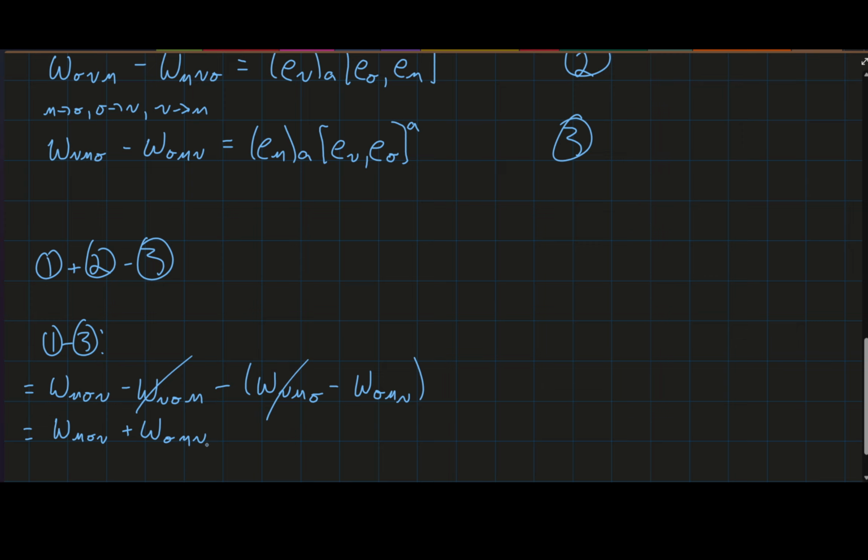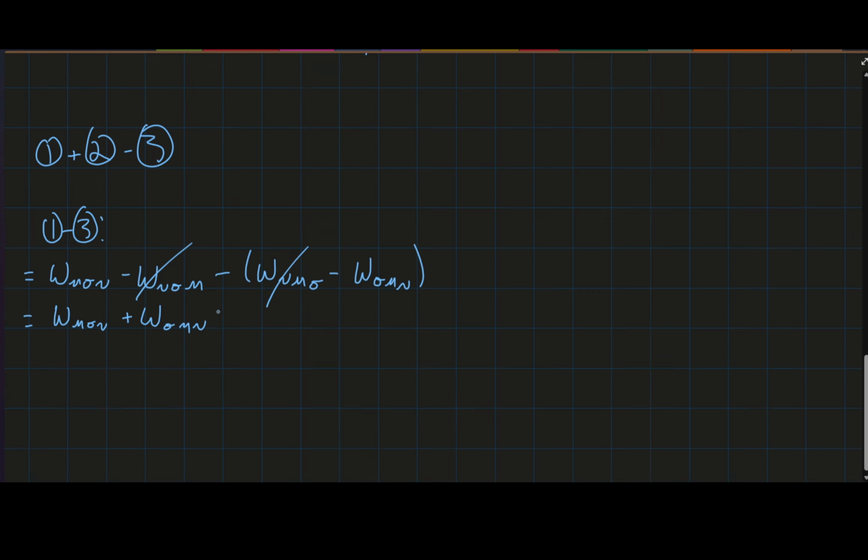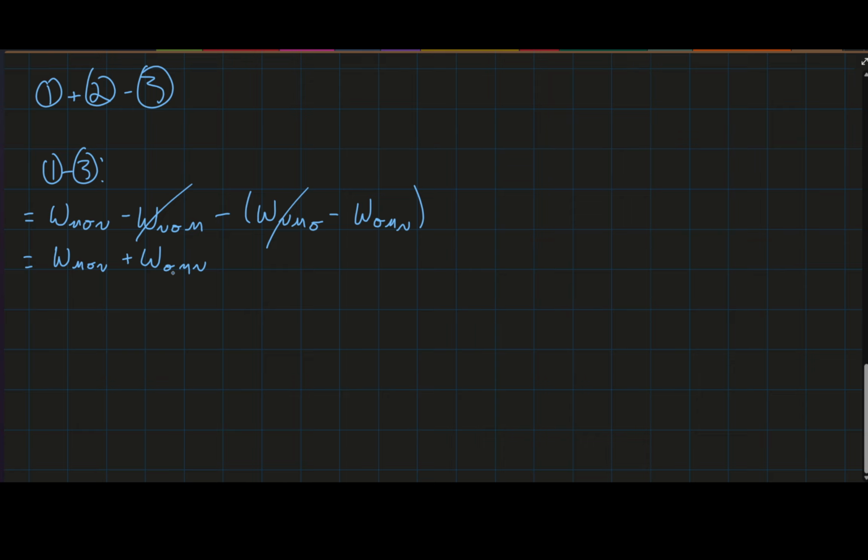So now if we add 2 to this, I'm just going to show that it gives us what we're looking for. The left-hand side is then going to be these 2, omega mu sigma nu plus omega sigma mu nu, plus the left-hand side of equation 2. So we're going to get plus omega sigma nu mu minus omega mu nu sigma.